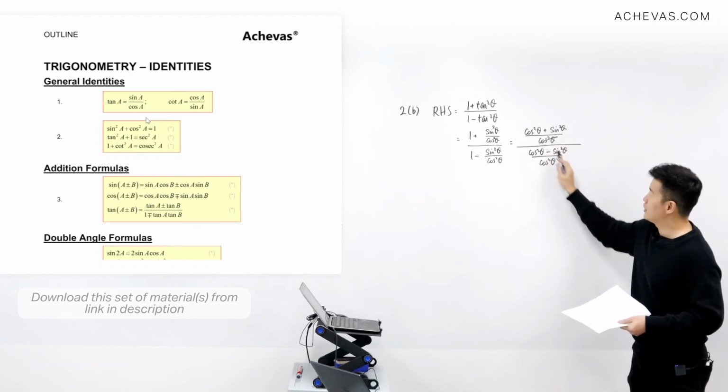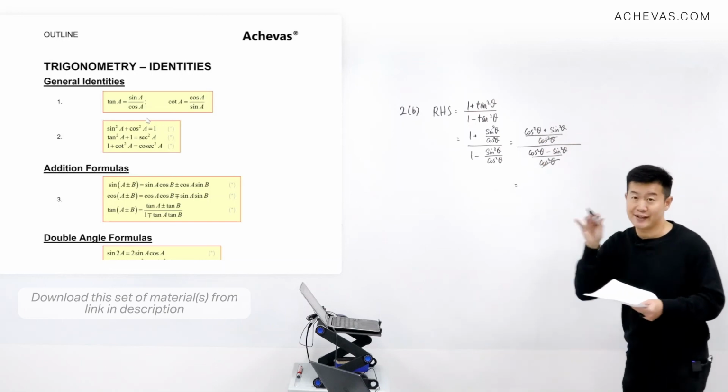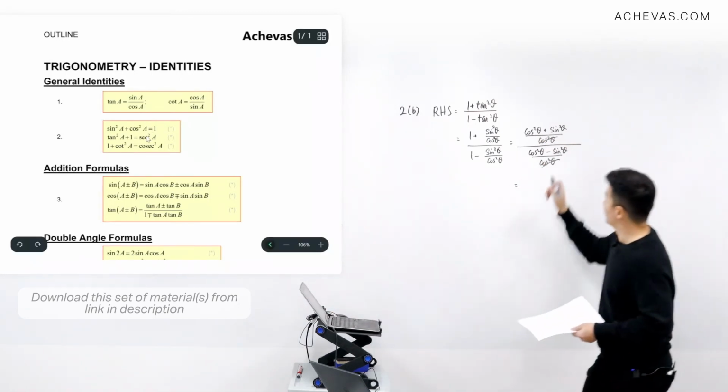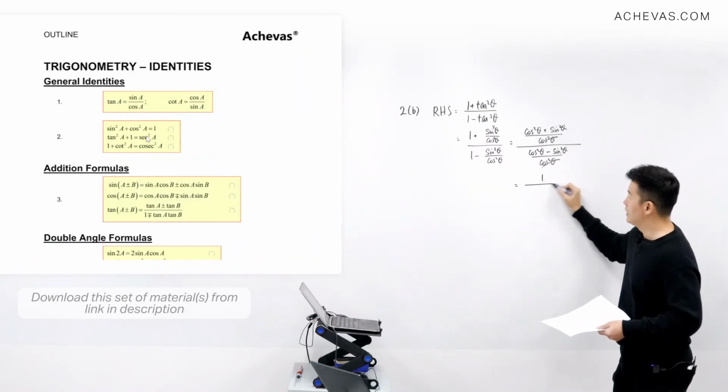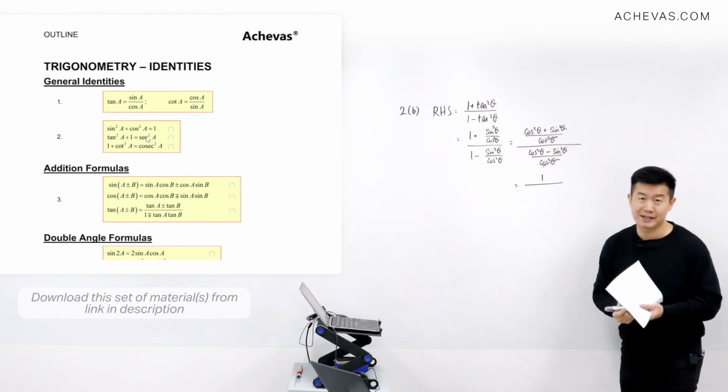So the cosine square theta denominators can be cancelled away, and I'm left with cosine square theta plus sine square theta, which is equal to 1, in the numerator, divided by the denominator, cosine square theta minus sine square theta.